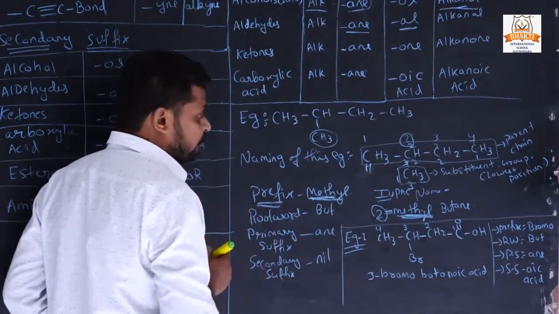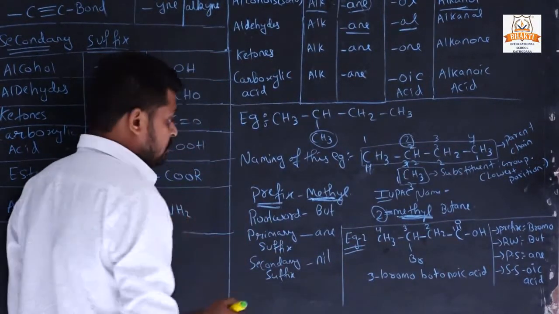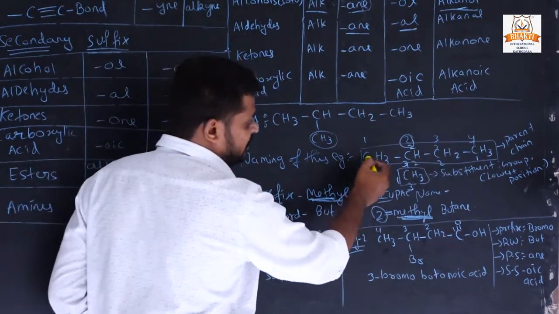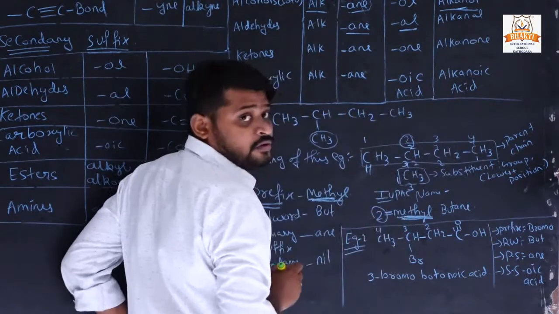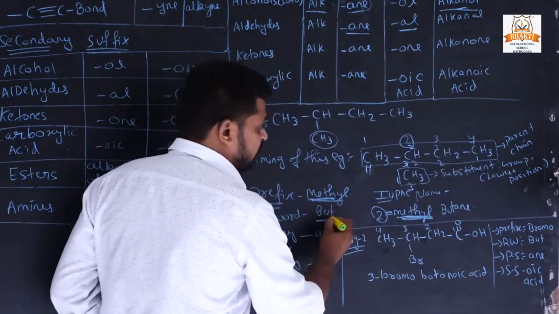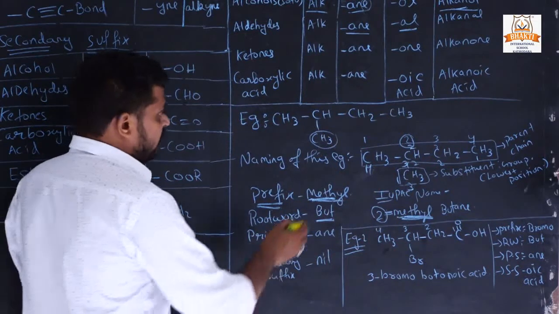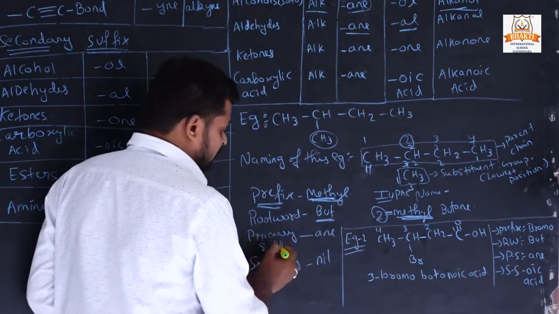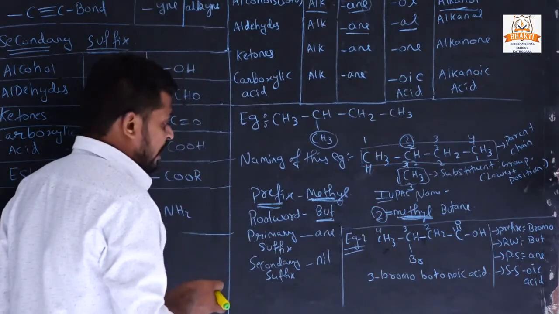Now what was the root word? How many carbons are present? 1, 2, 3 and 4. So the root word was but. The third part was the primary suffix. What was the primary suffix?